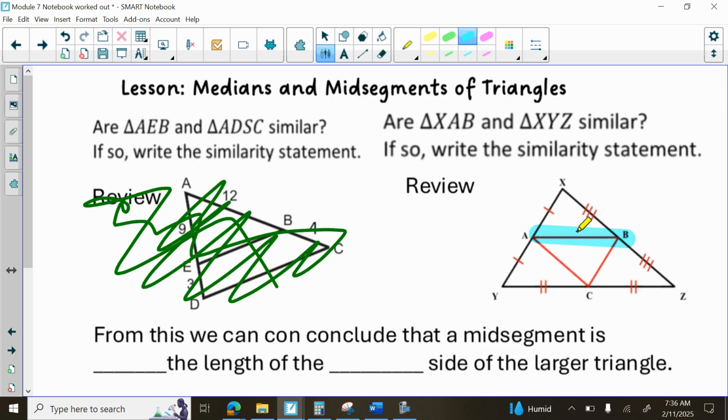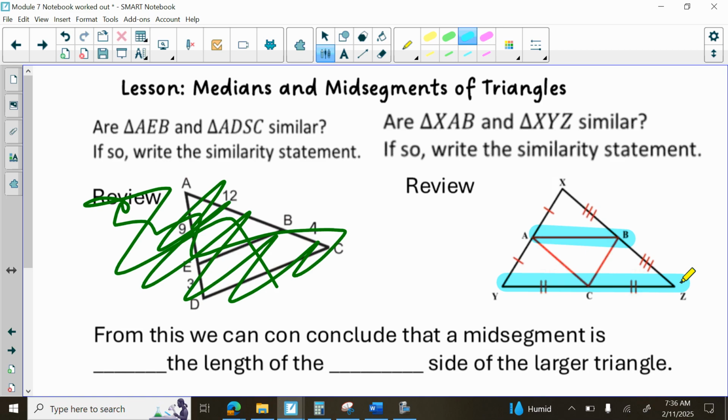So because the segment goes from midpoint to midpoint, we call it a mid segment. And mid segments have a special property. They're going to be half the measure of the side that it's parallel to. So AB is parallel to YZ.